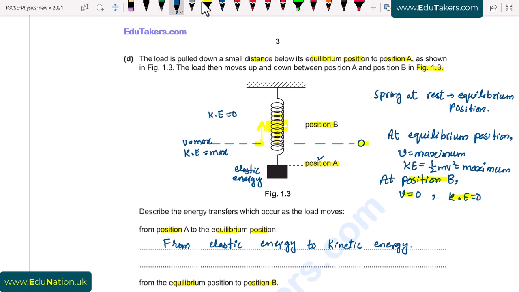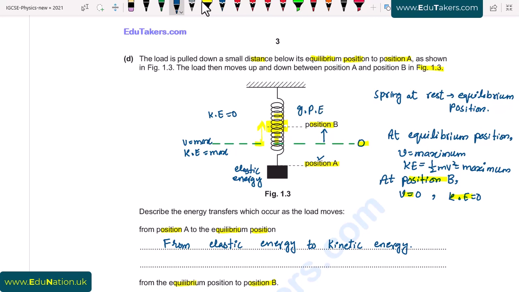So when the load moves from the equilibrium position to position B, it means that all of the kinetic energy is converted into gravitational potential energy, because the potential energy is associated with height. At position B, the body is at maximum height from the equilibrium position. That's why here will be the gravitational potential energy.